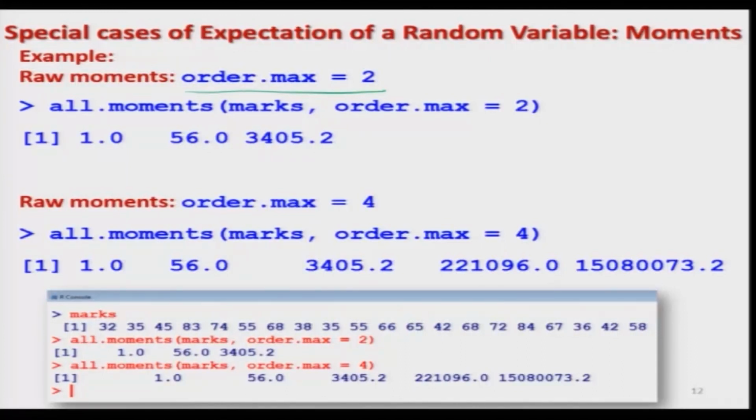Whether you want to compute the first moment and second moment, or you also want to compute the 0th moment, that is mu 0 prime. In R, this starts from r equal to 0. When you say order.max, that means mu r prime, r is equal to 0, 1, 2. This is how it is going to be used.